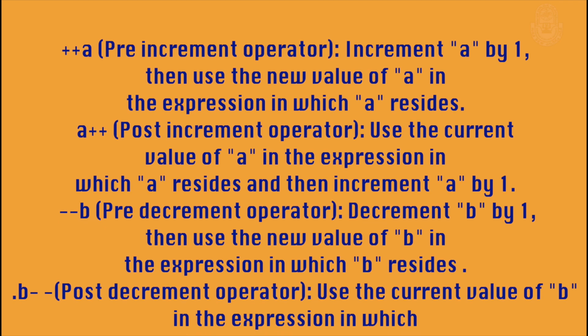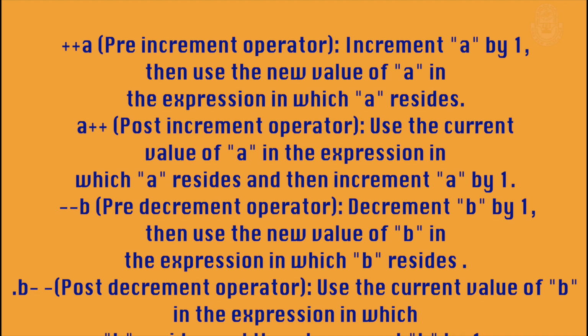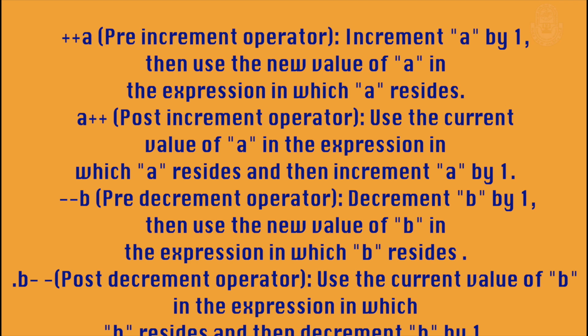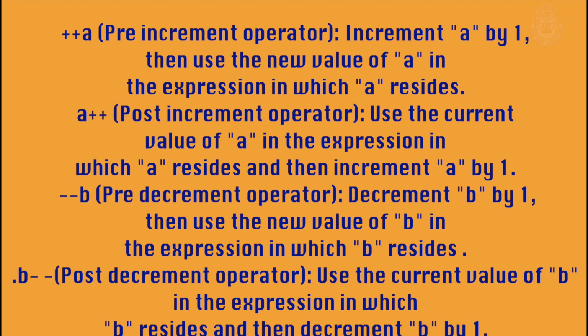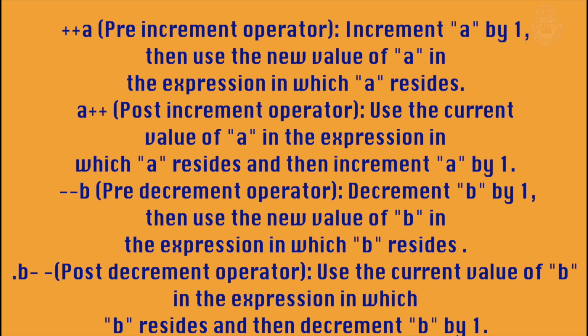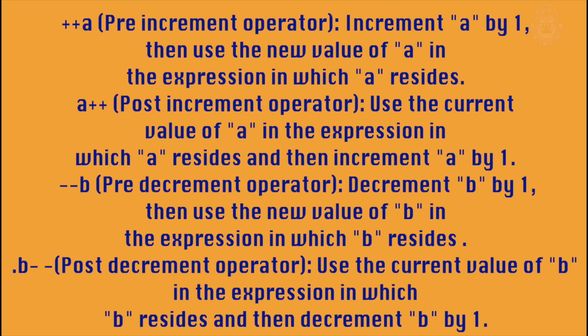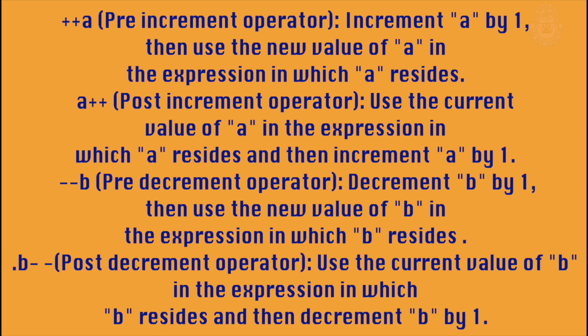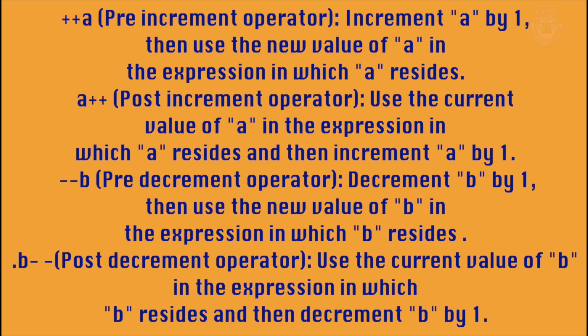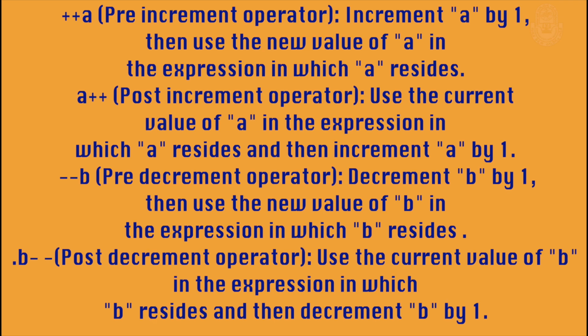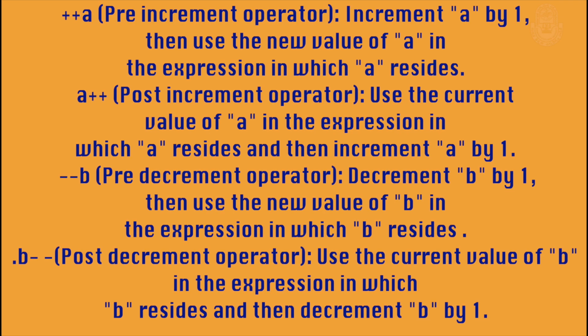Minus minus b means pre-decrement operator. Decrement b by 1, then use the new value of b in the expression in which b resides. B minus minus means post-decrement operator. Use the current value of b in the expression in which b resides and then decrement b by 1.